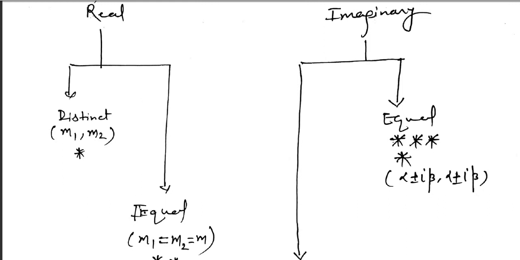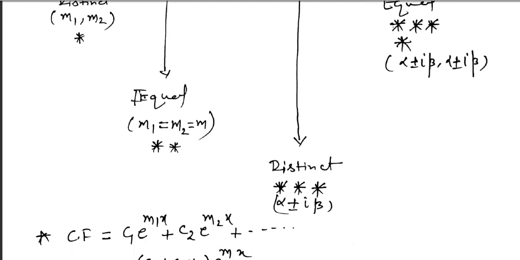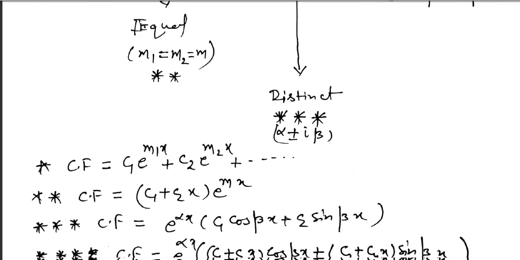What about imaginary roots? If imaginary roots are distinct, then the CF is, look at the third star. The formula in the third star is CF equal to e to the power alpha x, C1 cos beta x plus C2 sin beta x.